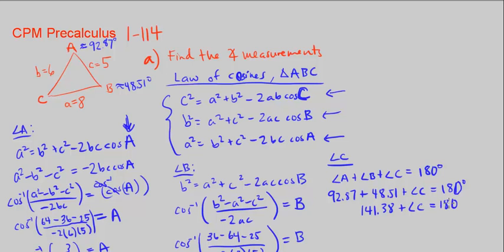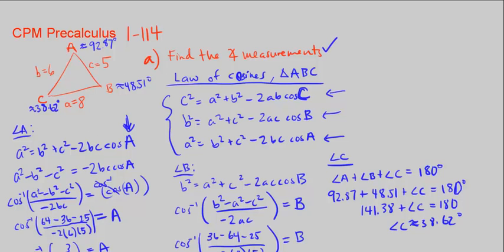Now 180 minus 141.38, so subtract this from both sides, we get angle C is equal to 38.62 degrees. Okay? And again, we should write it's approximately because when we substitute these in, these are approximate answers. So angle C is approximately 38.62 degrees. Okay, so this is part A. We found all of the angle measurements.